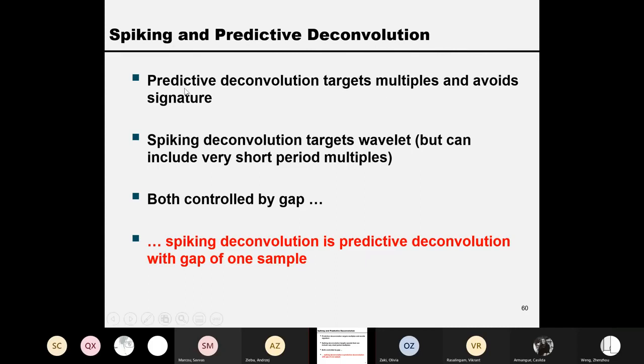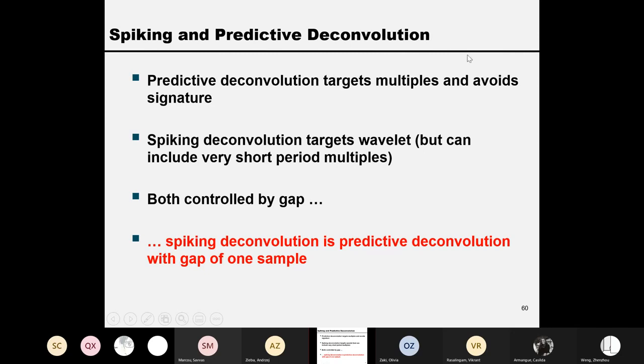The purpose of predictive deconvolution is targeted at the multiples, right? Try to avoid damage to the signature, okay? But for spiking deconvolution, it's targeted at the wavelet, targeted at the signature, right? Of course, the wavelet can include some very short period of multiple, like bubbles, right next to the airgun.